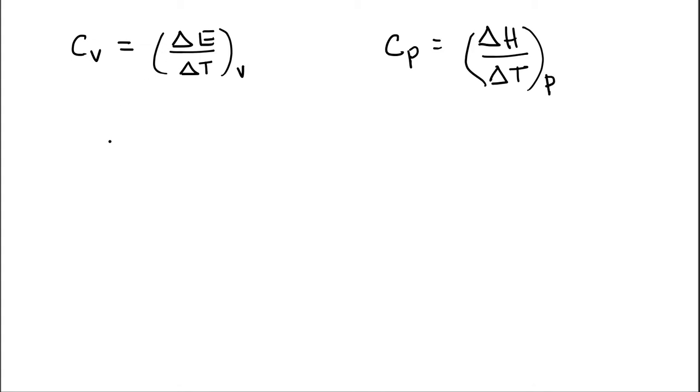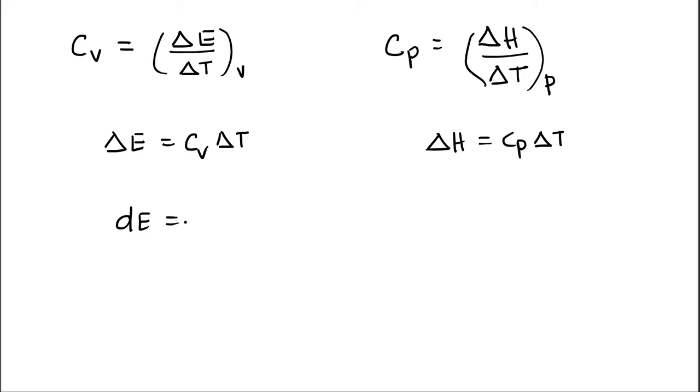Okay, so from this what we can write: delta E equals Cv delta T and delta H equals Cp delta T. For small changes we can write dE equals Cv dT and dH equals Cp dT.